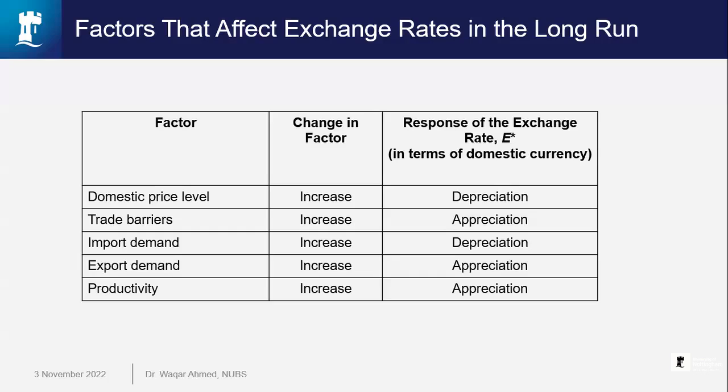If there are trade barriers, then the law of one price will not hold, because you can't trade between countries. So if there are higher trade barriers, your home currency will appreciate, because by putting these barriers up, you're insulating yourself from the law of one price.